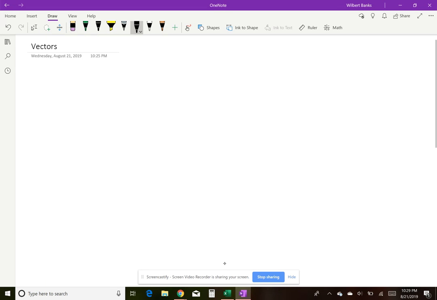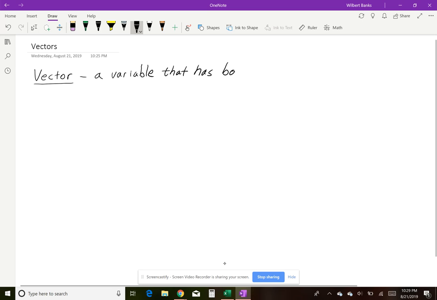The first thing that's important is a definition. In order to understand what's happening, you must be able to identify what a vector is. A vector is a variable that has both magnitude and direction.